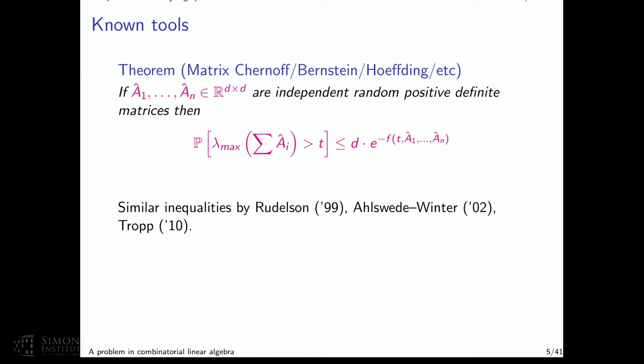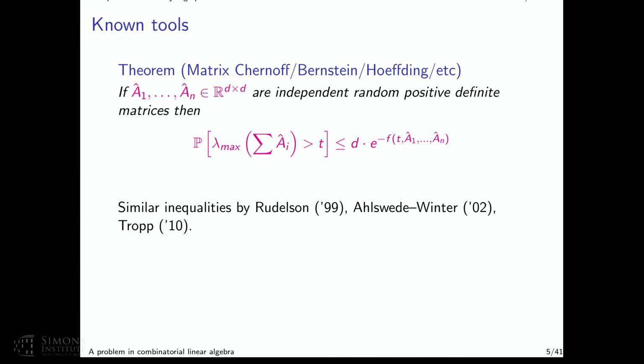They're called matrix Chernoff, Bernstein, Hoeffding, Azuma, which say that if A1 through AN are d by d independent, random, positive semi-definite matrices, then you get a bound exactly what you need. The probability that lambda max is greater than t is less than or equal to d times some e to some function that grows very fast. So this thing gets very small, but at the same time, there's this d here.